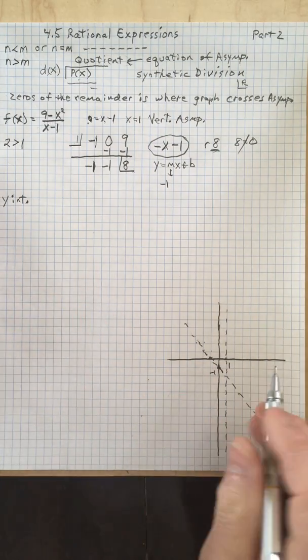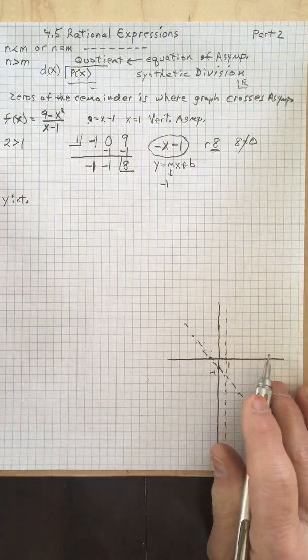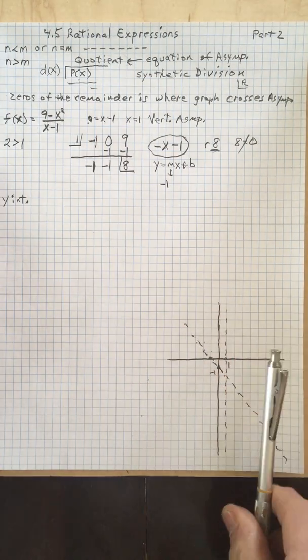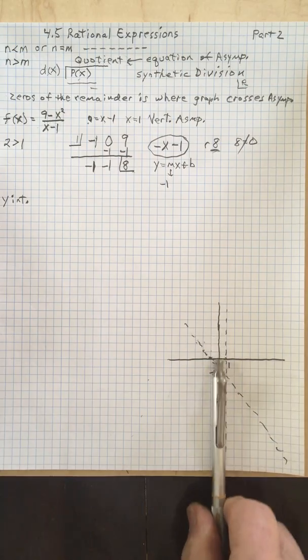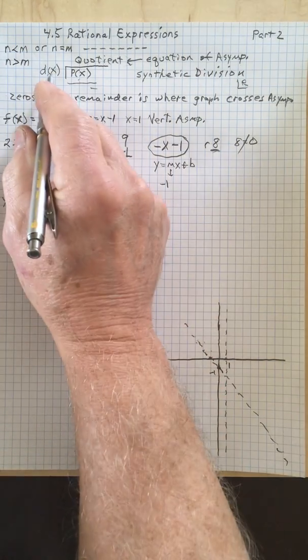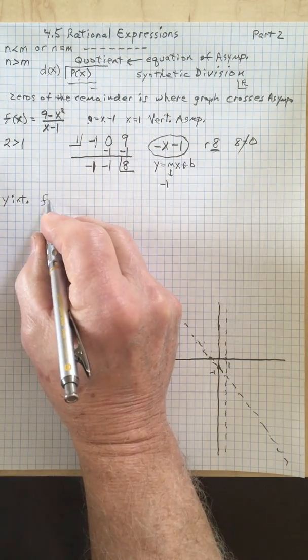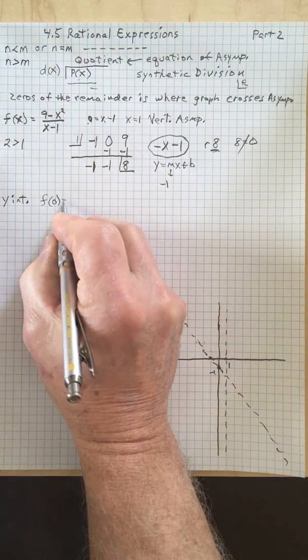So what does a Y-intercept mean? That means x is 0, right? Because if I'm crossing the y-axis, I'm at 0 on the x-axis. So all you do is evaluate the function at x equals 0 and see what you get.